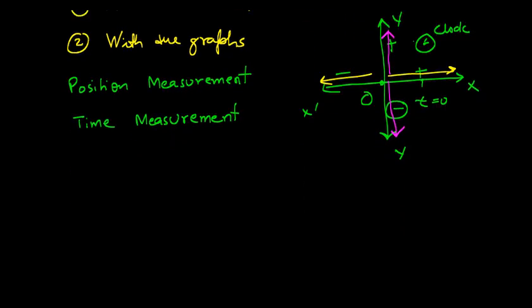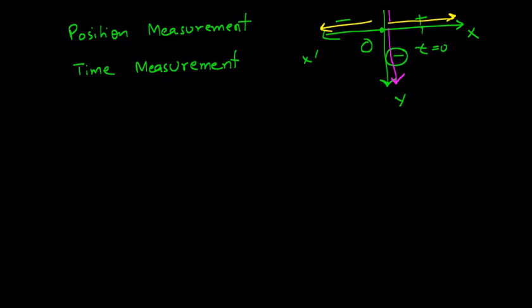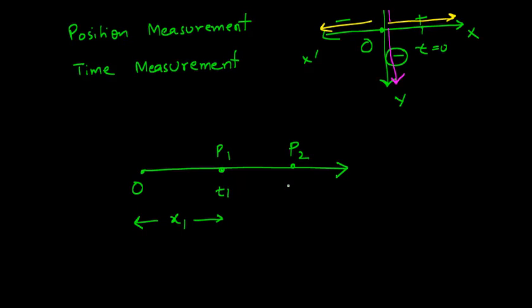I think I'll give you some illustration, and it is like this. Suppose this is the origin here and a particle is moving like this. At some time t1, it is at position p1 and the distance here is x1, or the displacement. Here the particle is at p2, the time is t2, and the distance covered from the origin, or the displacement, is x2.